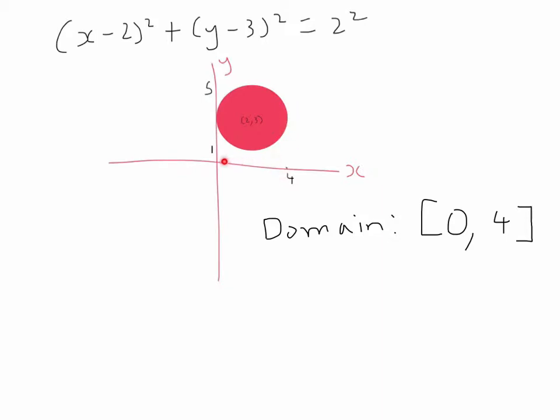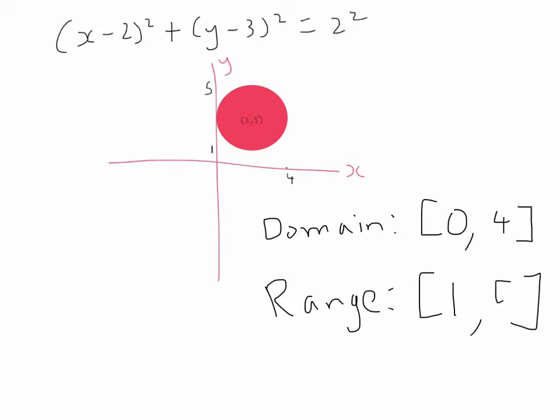So all those values in between apply. And my range is from 1, the lowest point of my graph, to 5, the highest point of my graph.